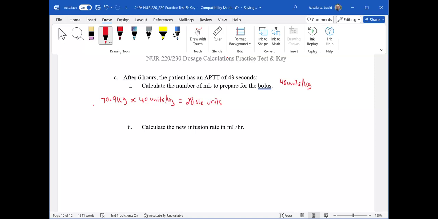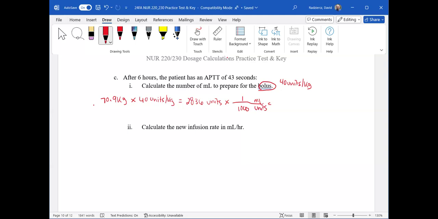We don't want units, we want milliliters. Now I have this memorized, so just as a reminder, I'm using the bolus dose strength. Why? Because I'm calculating for bolus. So it was 1,000 units per milliliter. And again, I got that from the protocol. It's the only thing you know, and that's what's given to you. Okay.